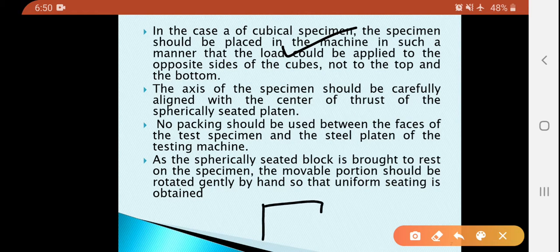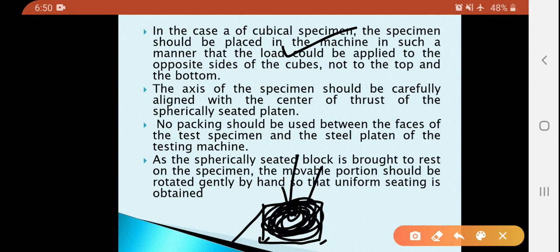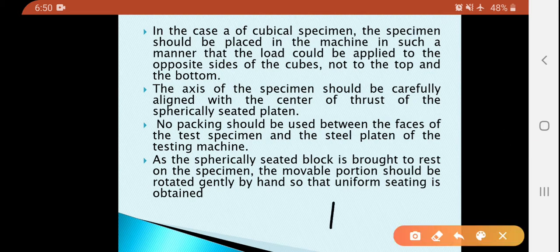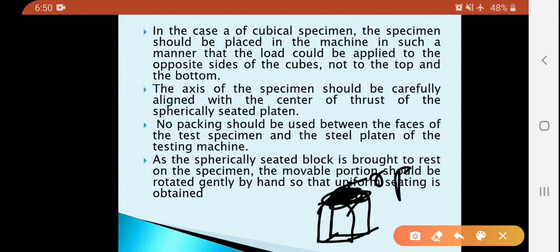So this is our mold. Here we are placing the concrete. After 24 hours, the shape of the concrete will be like this. So consider this as the top surface. Usually the top surface cannot get a uniform size and uniform shape.